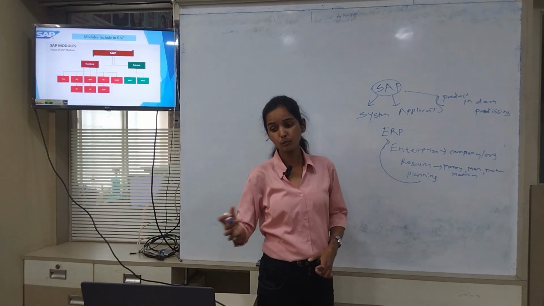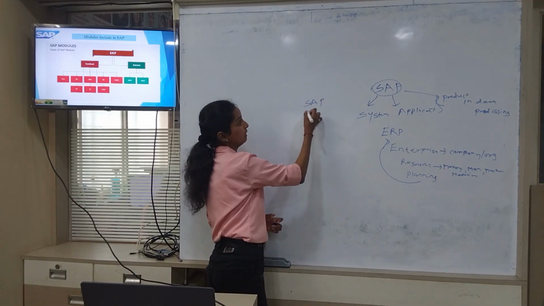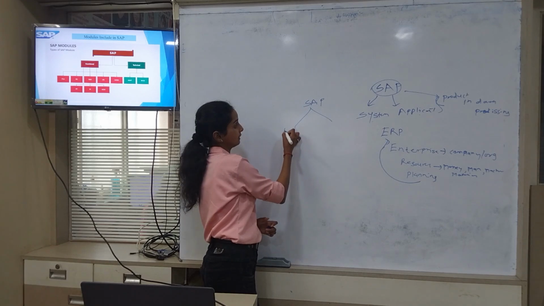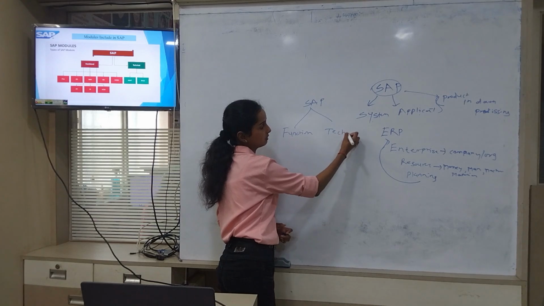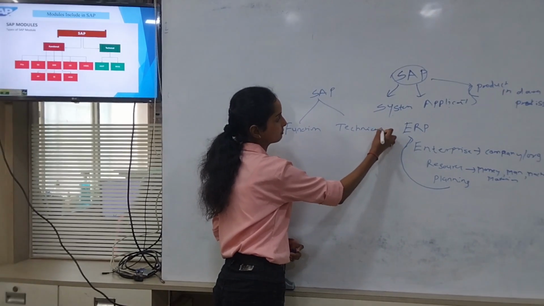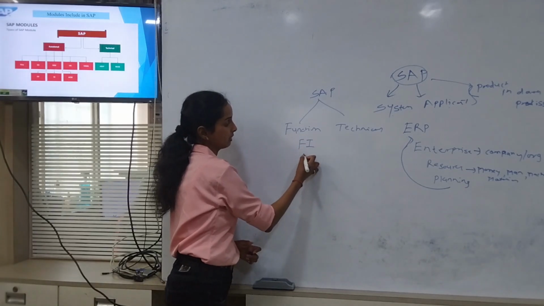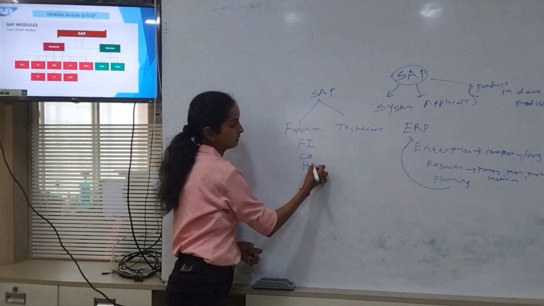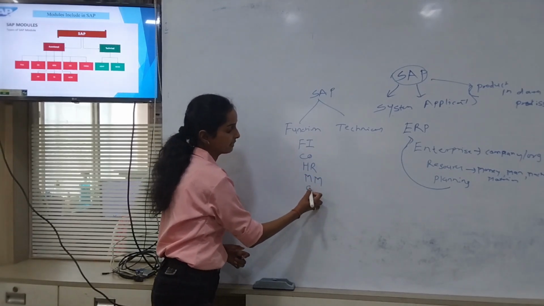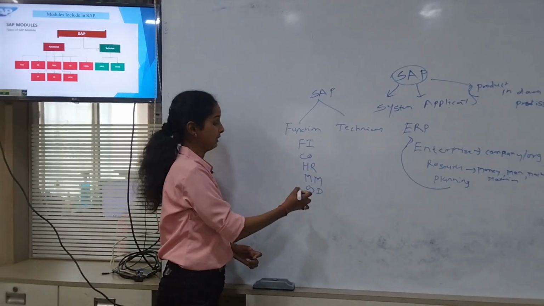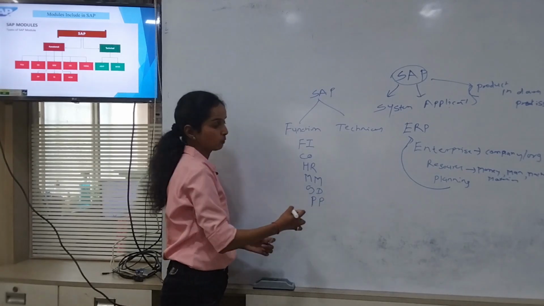There are different modules in SAP, basically two types of module. They include functional module and technical module. In functional module, we have finance, controlling, then HR, that is human resource, then MM, that is material management, then SD, that is sales and distribution, then PP, that is procurement to pay.